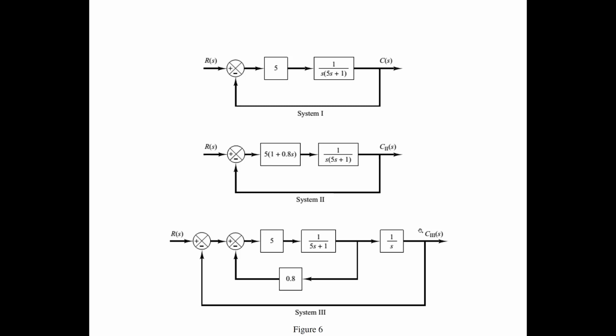Get those values, compare and see which has lower peak overshoot, lower peak time and lower settling time. That response is the best response. Just find out which is going to give you the better response in that way.